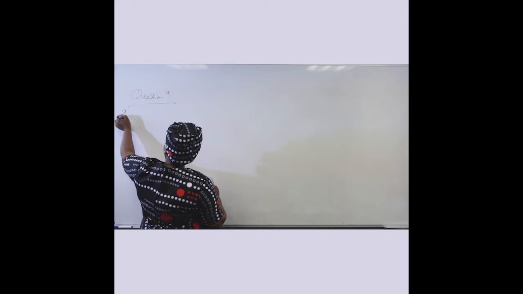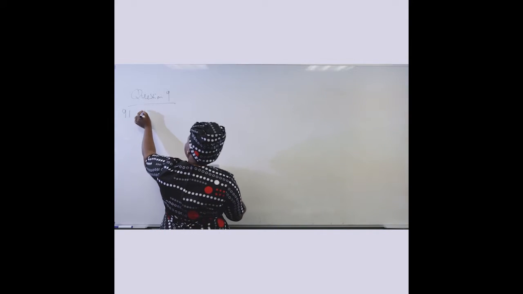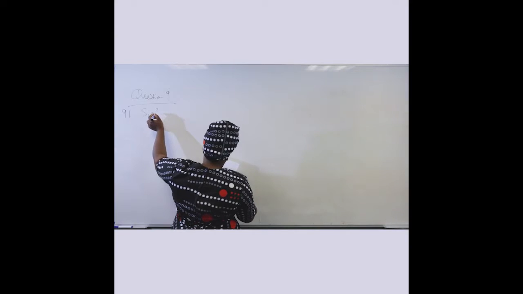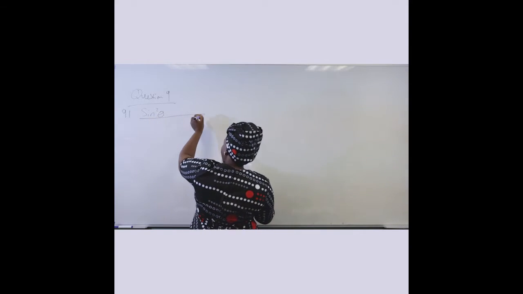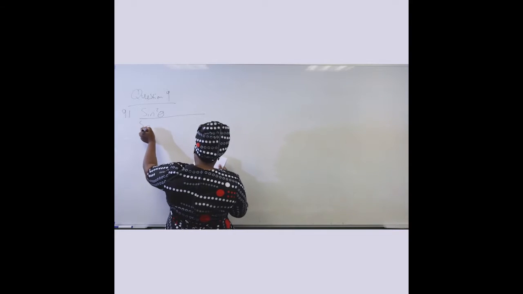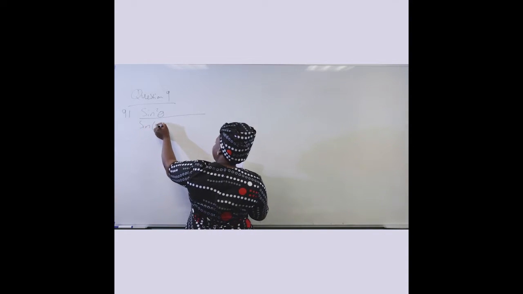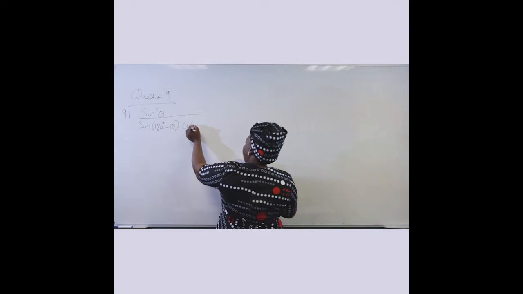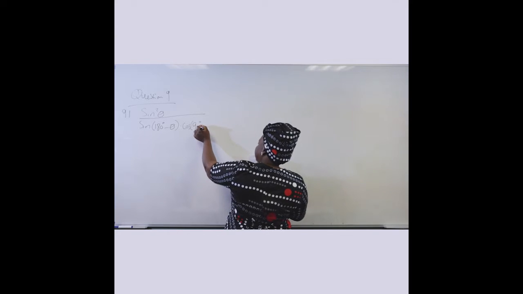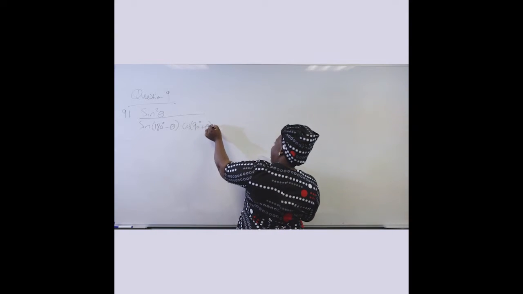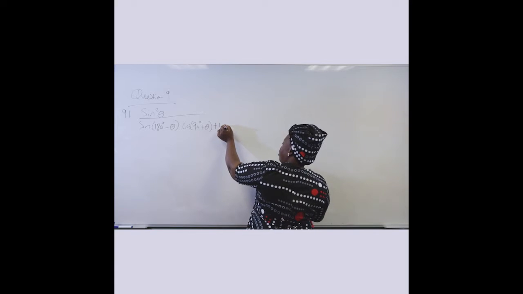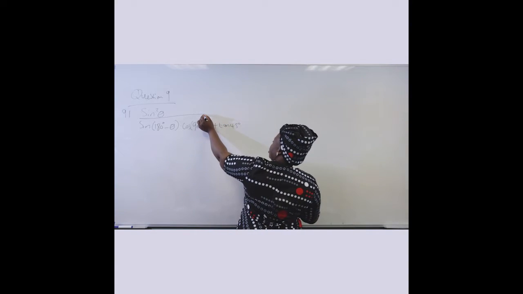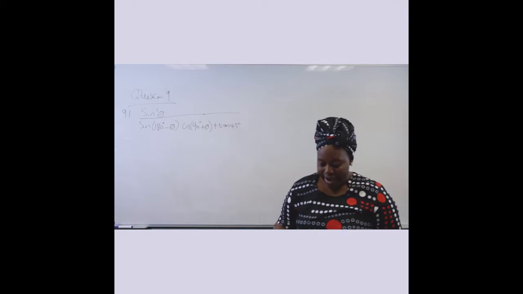The expression for 9.1 is given to us as sine squared of theta, all divided by sine of 180 degrees minus theta multiplied by cos of 90 degrees plus theta, plus tan of 45 degrees. So this is your expression that is given.